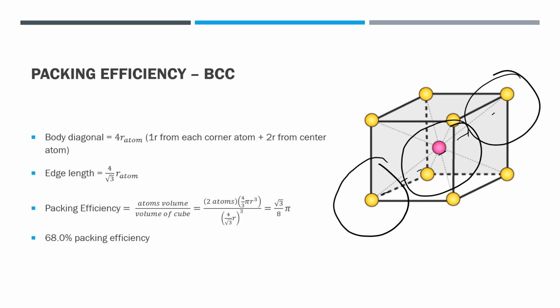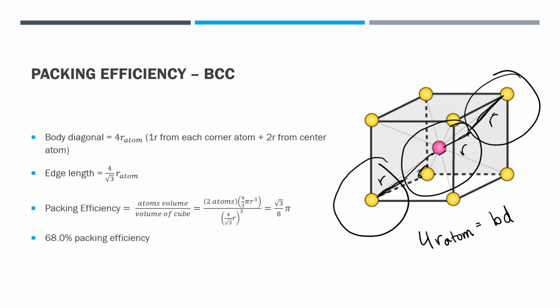So we get one radius from each of the corner atoms, so 2 radii total, and then we have 2 radii from the body atom. So in total, 4 times the radius of the atom is equal to our body diagonal.